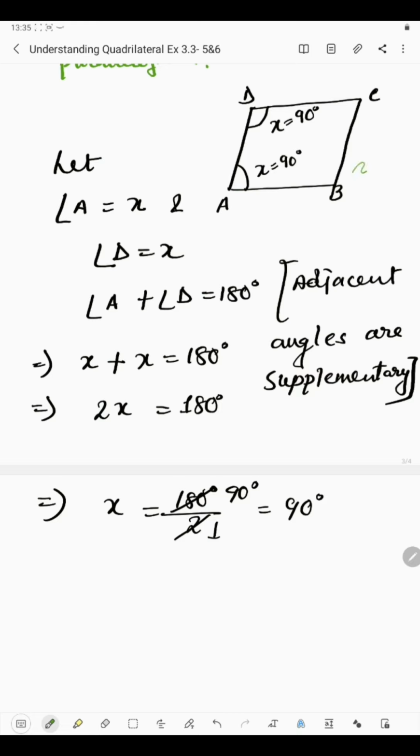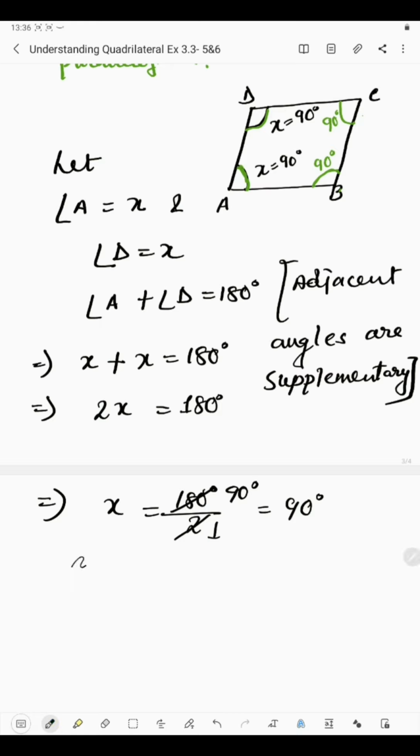So what will be the measure of angles B and C? As angle B is opposite of angle D, if angle D is 90 degrees, angle B is also 90 degrees. Similarly, angle C is just opposite of angle A, so angle C is also 90 degrees. So what we have observed is that in this case, each angle in parallelogram ABCD is 90 degrees, right?